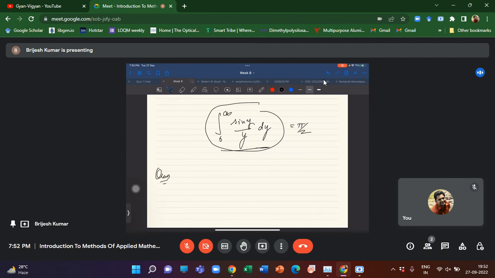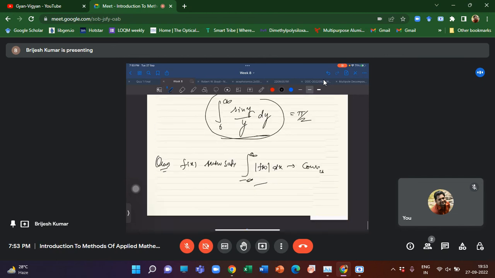Next question we will solve: we have one function f(x) which satisfies one condition, that the integral from minus infinity to infinity of mod f(x) dx converges.